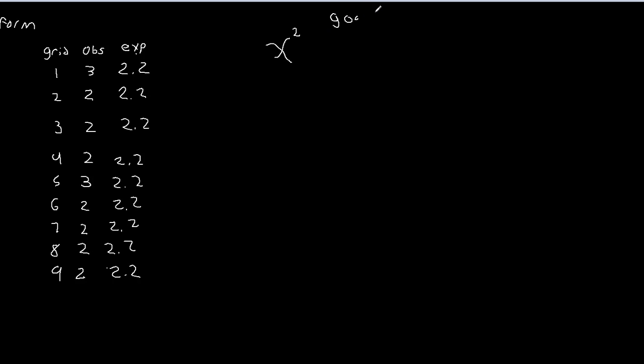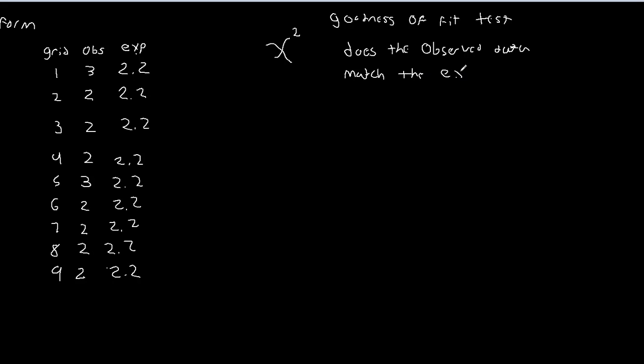It's basically testing, does the observed data match the expected data? That's what the chi-square test is asking. And we'll talk about the null hypothesis here in just a second.